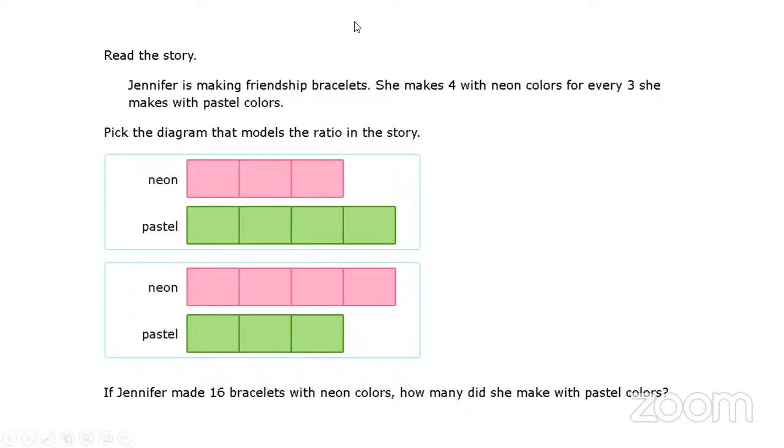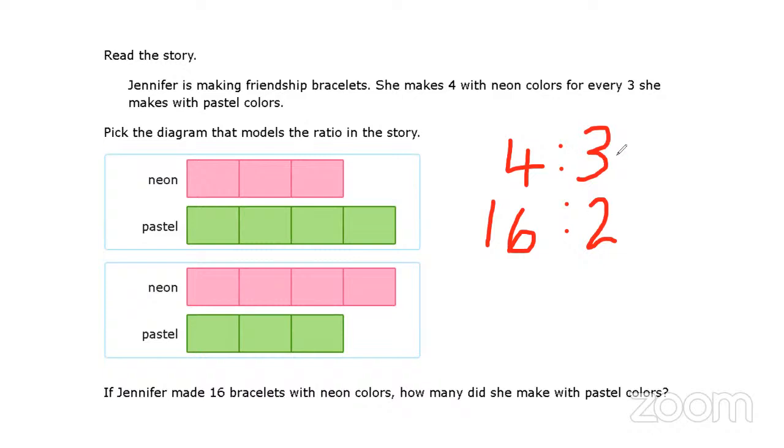So let's look at this. Let me start to represent what we have. So we know here that 4 neons to 3 pastel, that's the relationship that we're working with. If it is that she made 16 bracelets with neon colors, how many bracelets with pastel colors did she make?